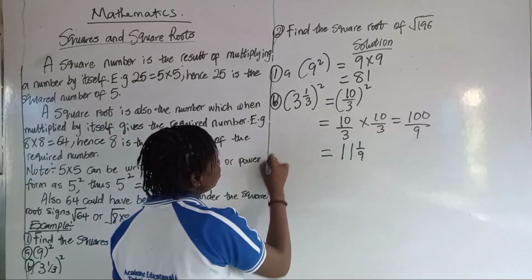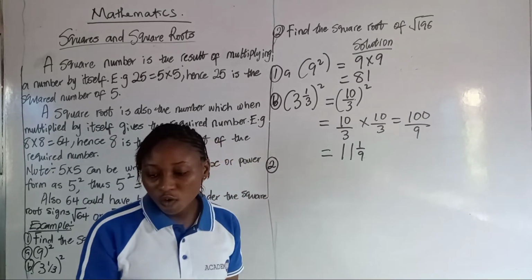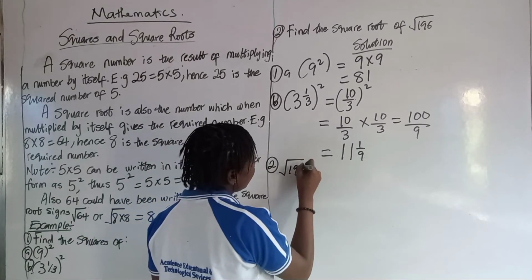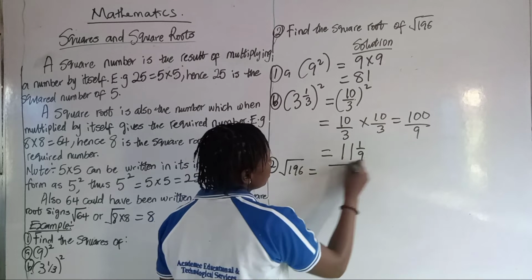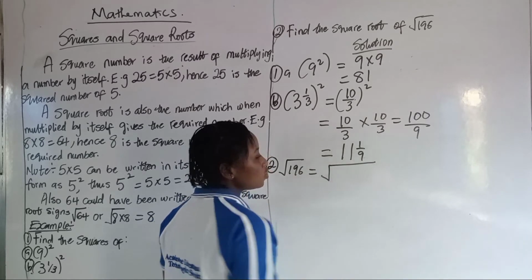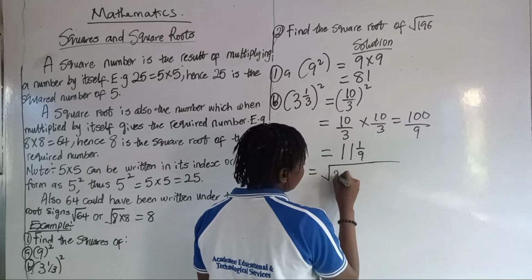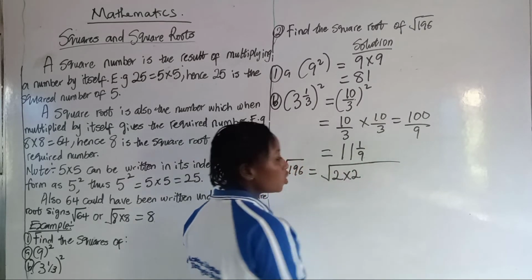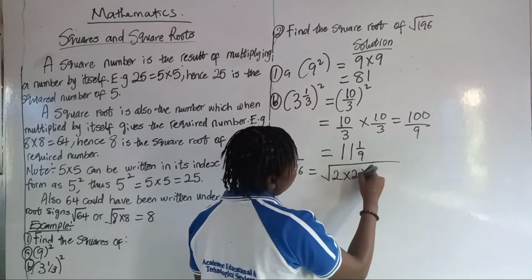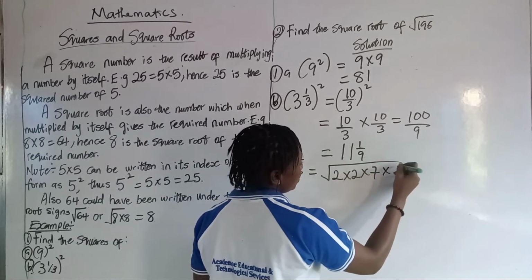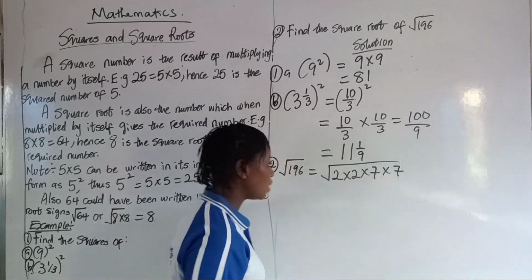Now, question number 2 says, find the square root of 196. Square root of 196. Now, to get 196, let's look at it. What are the numbers that we can multiply? Let's start from 2. 2 times 2 is what? 4. 4 times 7 is 28. 28 times 7 will give us 196.